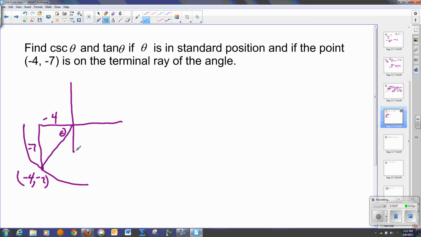So if I want to find the cosecant of that, we know the cosecant of an angle is equal to the reciprocal of sine. And sine is always the opposite over the hypotenuse. So in this case, I would need the hypotenuse over the opposite side.